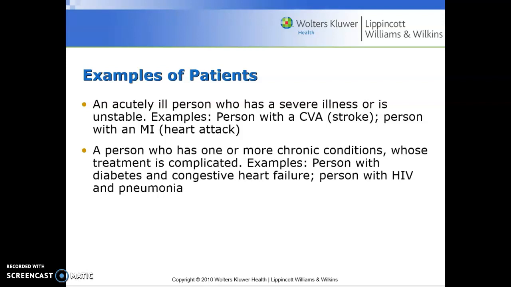A person that has one or more chronic conditions whose treatment is complicated. So this would be people with diabetes, congestive heart failure, HIV, and pneumonia. So this is another type of patient. We have an acutely ill person, and then we have a chronically ill person. They have multiple comorbidities when they're chronically ill.